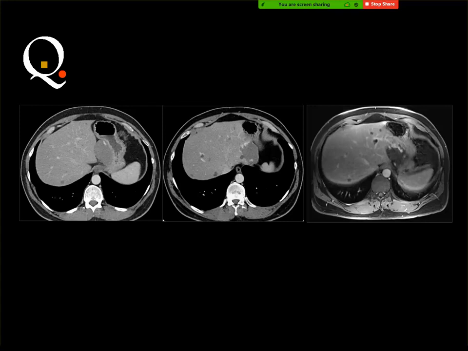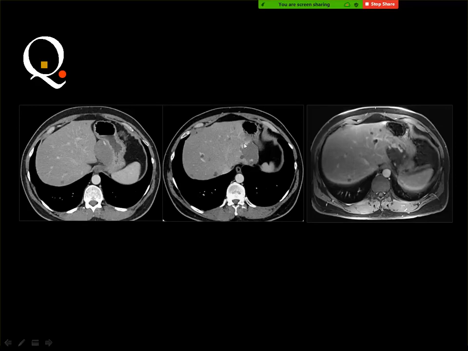I see some small hypoechoic lesions in the liver that look like deposits. No, these are cysts, we agree about that. Yes, cystic metastasis. You see this? Yes. What is this? No, the same angioma.